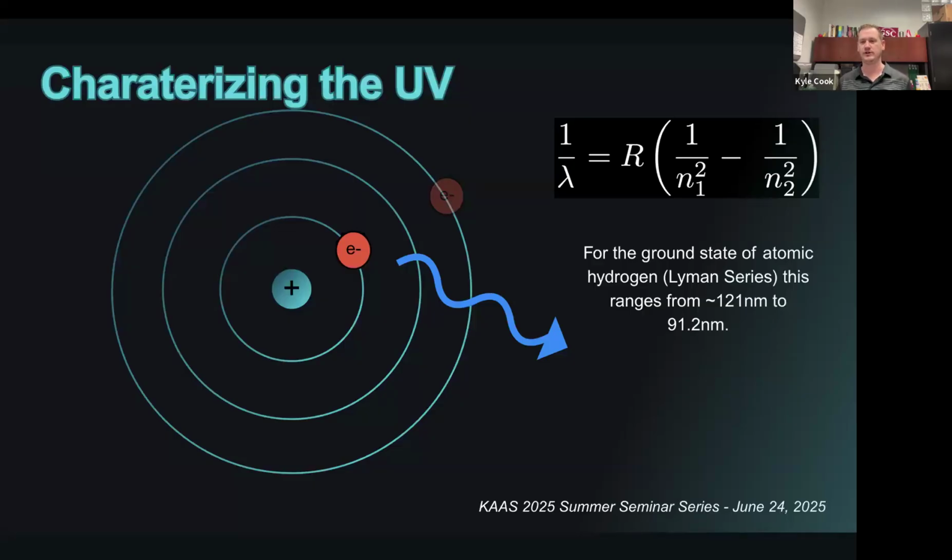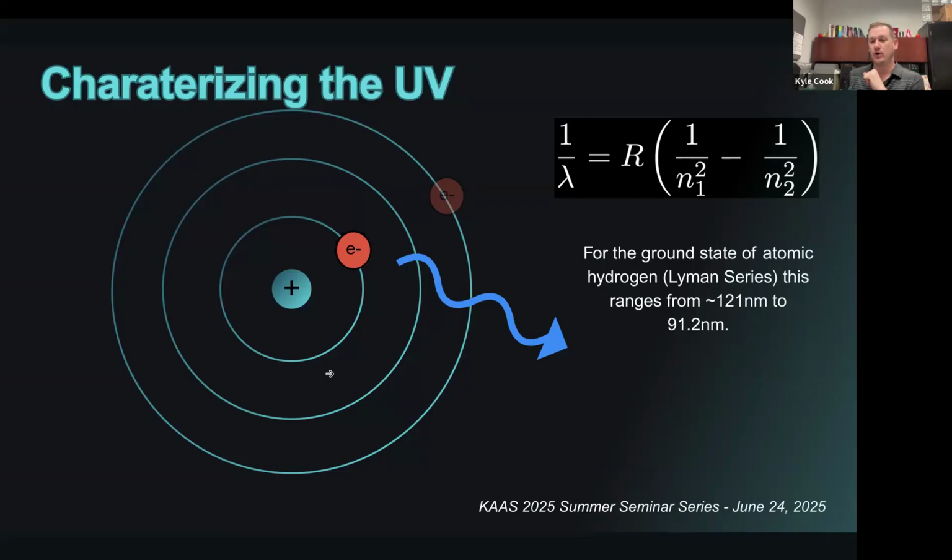Probably nothing new to you all. Any transitions into or out of the ground state of neutral hydrogen correspond to the Lyman series, and every single one of those transitions is a UV wavelength.